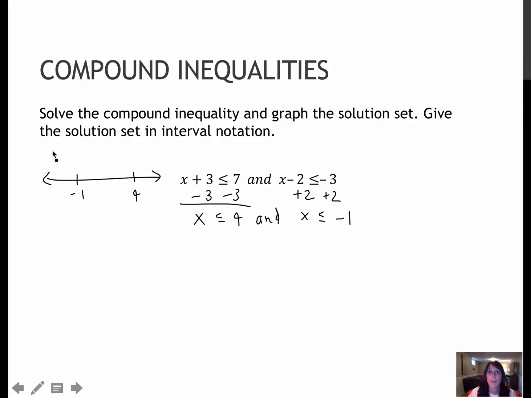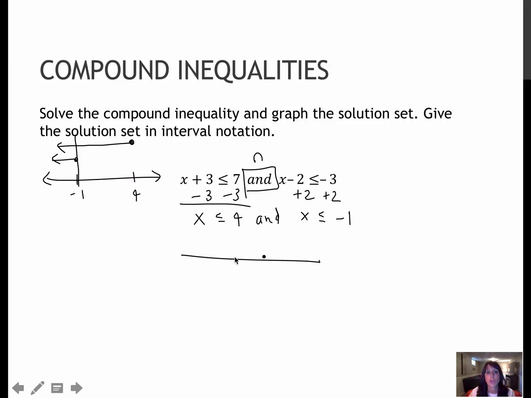So this is not my graph. This is just helping me to know what my graph would be. If the first one is x is less than or equal to 4, that would be a closed circle on 4 shaded left. x is less than or equal to -1 would be a closed circle shaded to the left. This is an and question, and an and question is the intersection. So I'm looking for where both would be shaded, which looks like from -1 to the left.